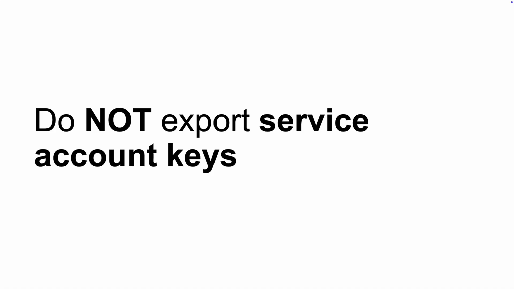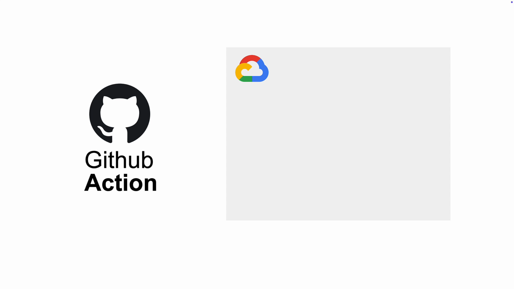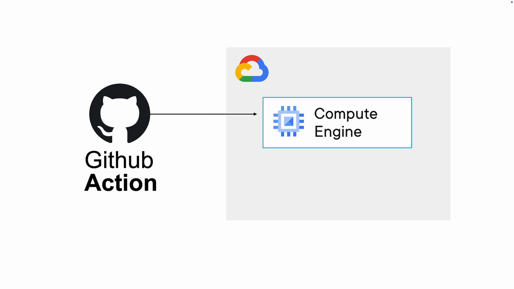Number 2 is do not export service account keys. Service accounts are the identities used for non-human users. For example, if you want to set up a GitHub action that connects to your Google Cloud project to create resources, you may be tempted to export the keys of a service account that has the required permissions and use those keys in your GitHub action workflow.